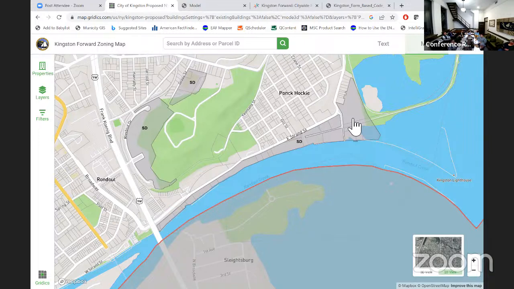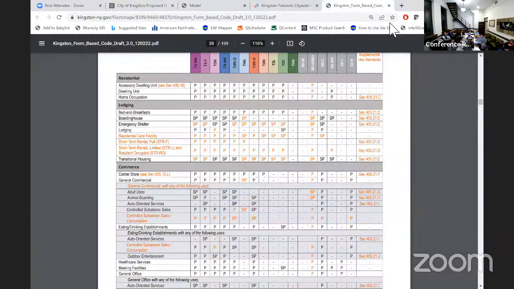So for the special district, the waterfront, there's actually a special districts map, Kyla, that doesn't have the colors on it. You want to look for the one with the dark red color.